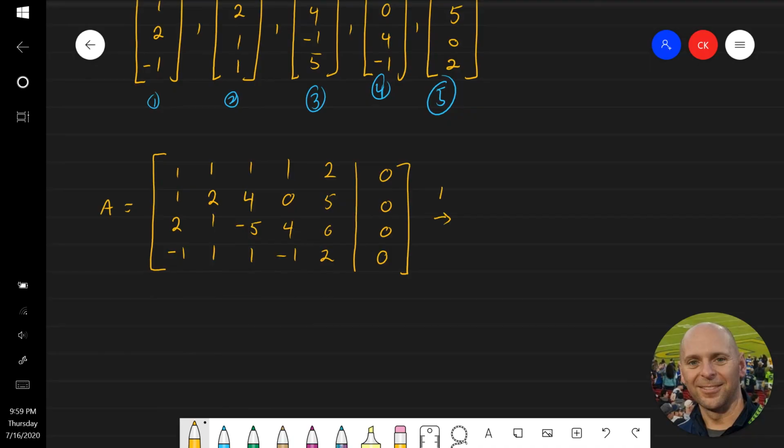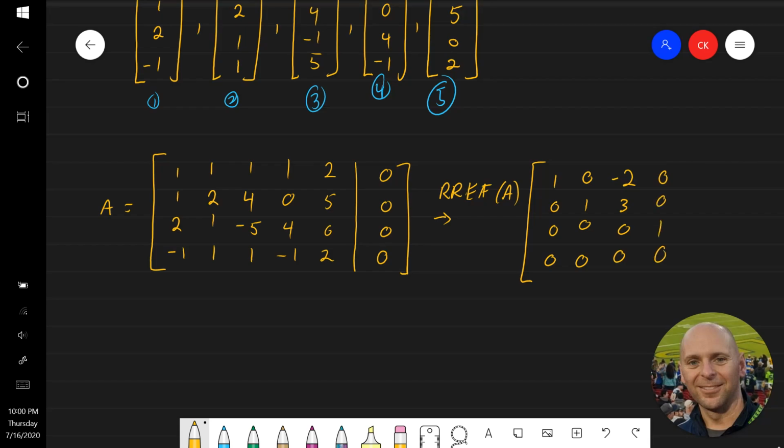When we do that, again, RREF. Now in this case, we just row reduce the matrix A. Again, I've already done this. We would get 1, 0, 0, 0, 0, 1, 0, 0, minus 2, 3, 0, 0, 0, 0, 1, 0, and 1, 2, minus 1, 0.